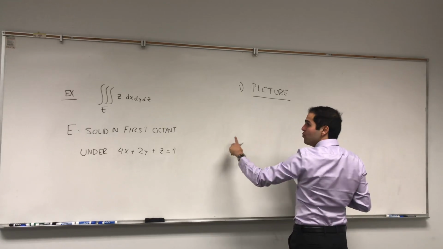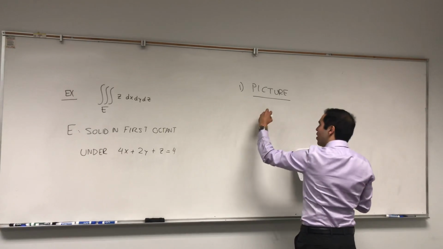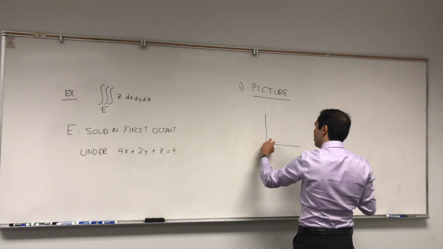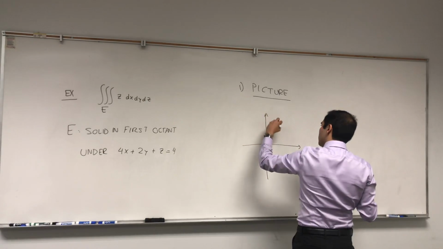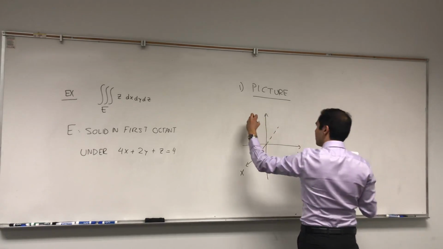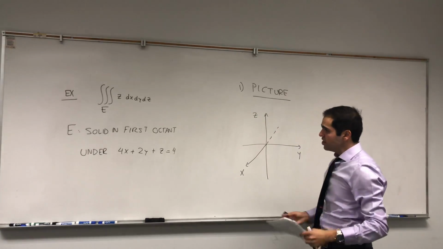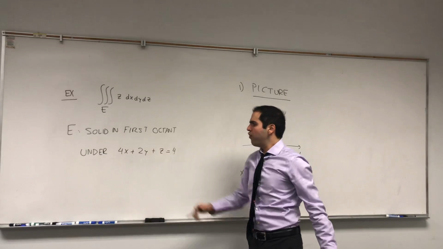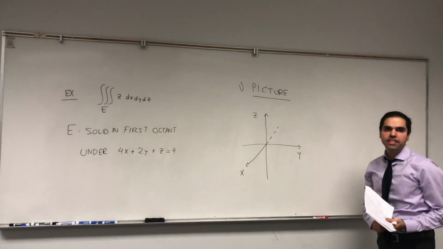So again, we're dealing with something in the xyz plane. So let's just draw that. xyz. And the question is, how can we draw 4x plus 2y plus z equals 4?